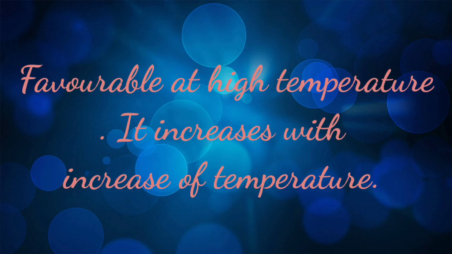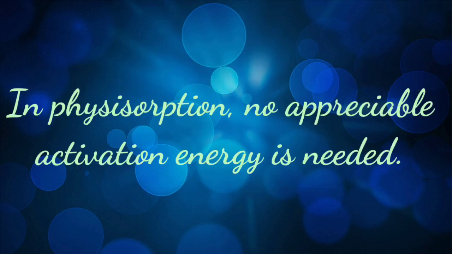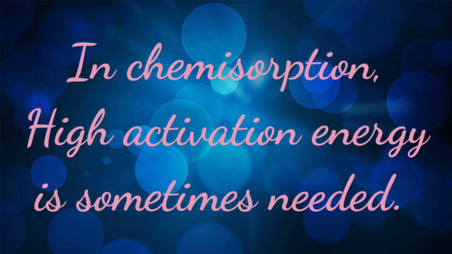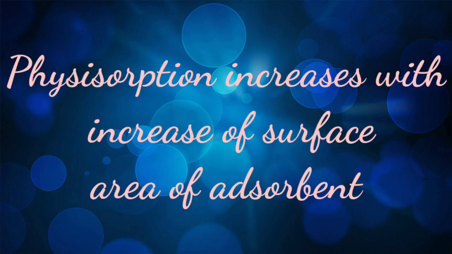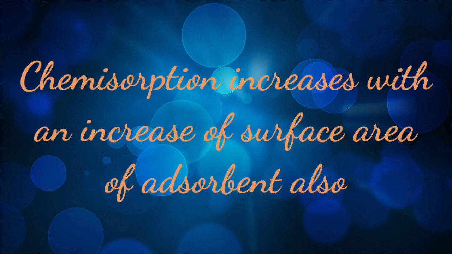It increases with increase of temperature. In physisorption, no appreciable activation energy is needed. And in chemisorption, high activation energy is sometimes needed. Students, physisorption increases with increase of surface area of adsorbent. And chemisorption also increases with an increase of surface area of adsorbent.